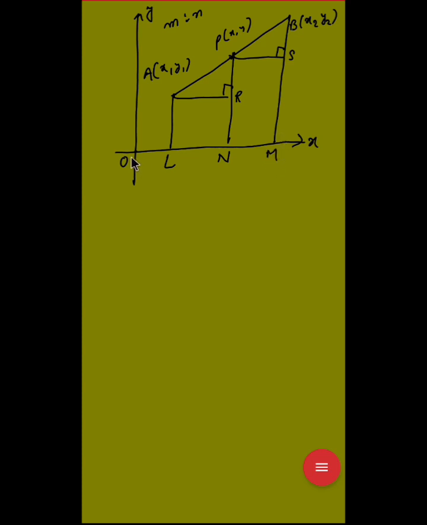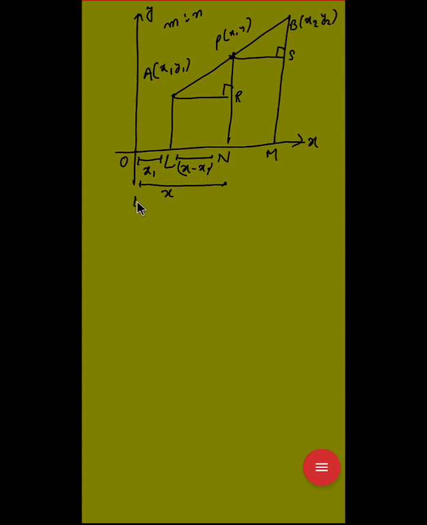Again, from this end we have a distance of x1. From this point to that point N, we have a distance of x. So from this to this end we have a distance of x minus x1.